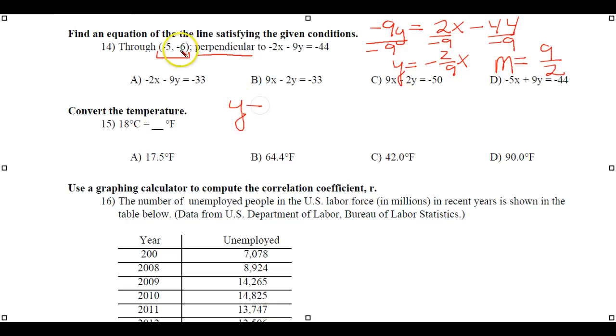Y minus, a minus 6 gives us a positive 6, equals our new slope, 9/2 times x, minus, a minus 5 gives us a positive 5. We're going to multiply everything by 2.